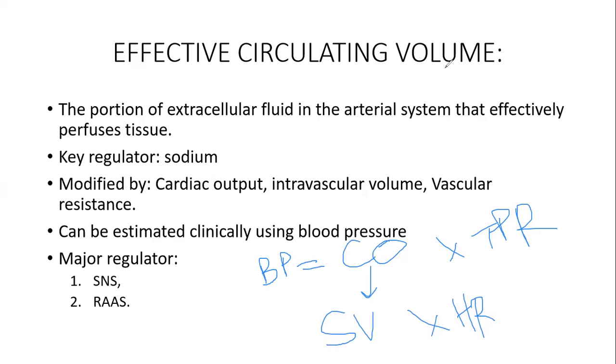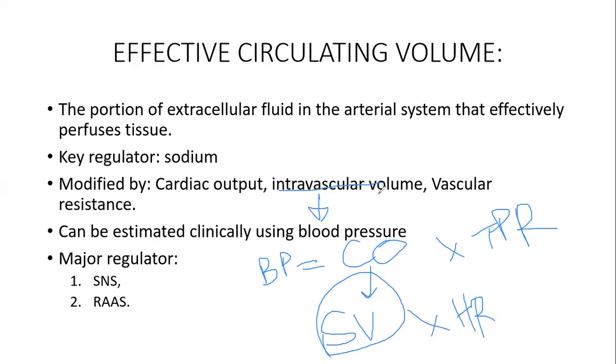How? Let's suppose we have this variable being compromised, which is cardiac output, yes, and it is compromised due to decreased intravascular volume. Recall that cardiac output is dependent on stroke volume as well. Suppose we have a patient with hemorrhage and he or she presents with volume depletion.